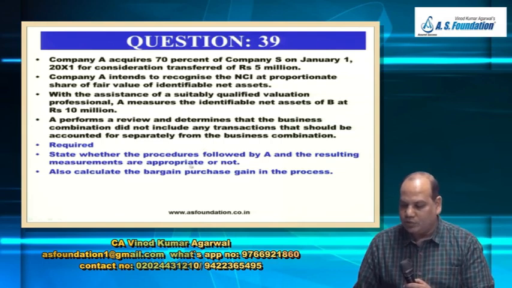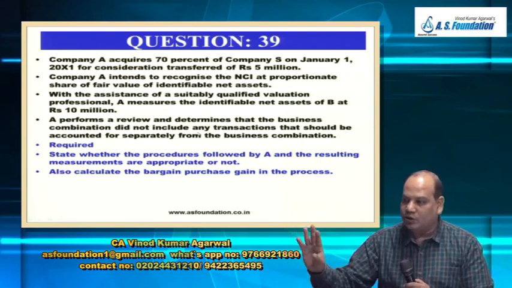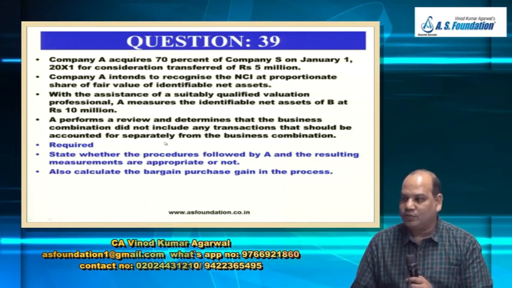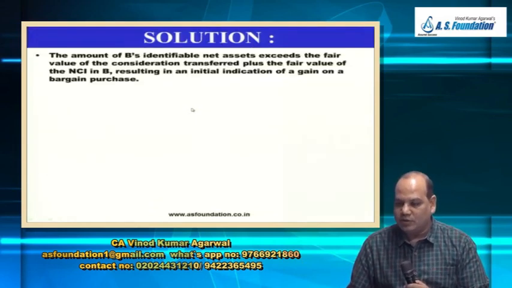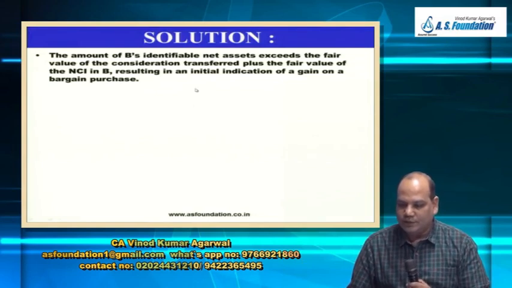If you calculate and find that you are getting a bargain purchase, then you should review the entire procedure again, and that is what they have done. After doing that, they have concluded that they have recorded all transactions that should be recorded, nothing is left out, which means the procedure followed by them is right. So write down first paragraph.